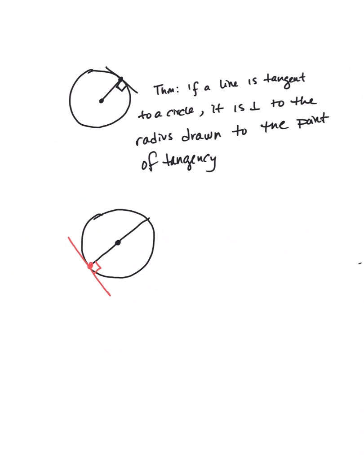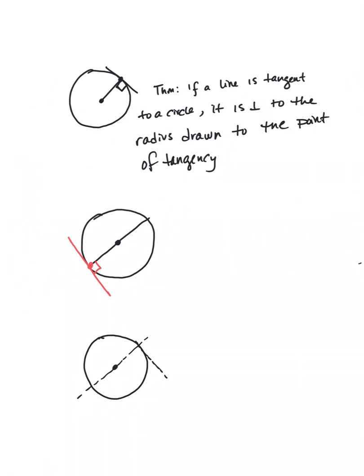Okay, the other thing that this demonstrates is, if you recall, in our last video, we had a secant line. So a diameter is part of a secant, right? And then if you recall, we had a tangent drawn to that point of contact.